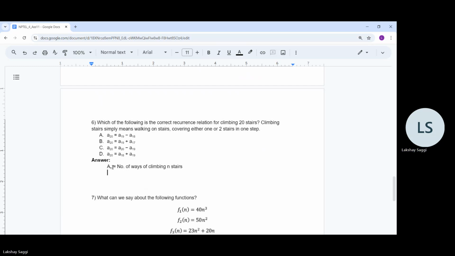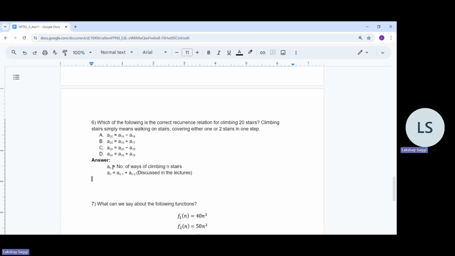And as we discussed in the lectures, the recurrence relation for this is nothing but A of n is equal to A of n minus 1 plus A of n minus 2. Why is this true? It has already been discussed in the lectures. Suppose we have to find the correct expression for 20 stairs.